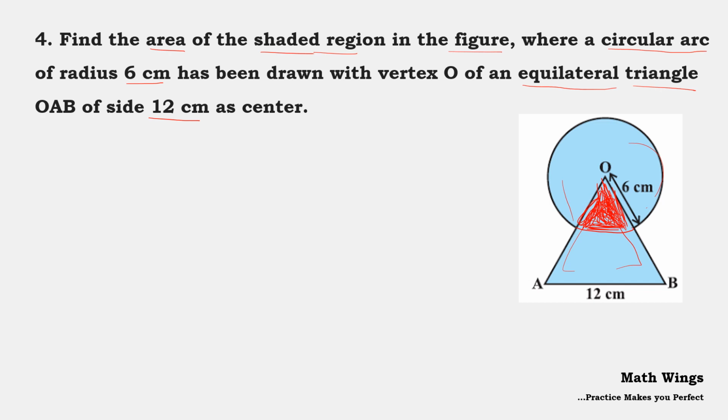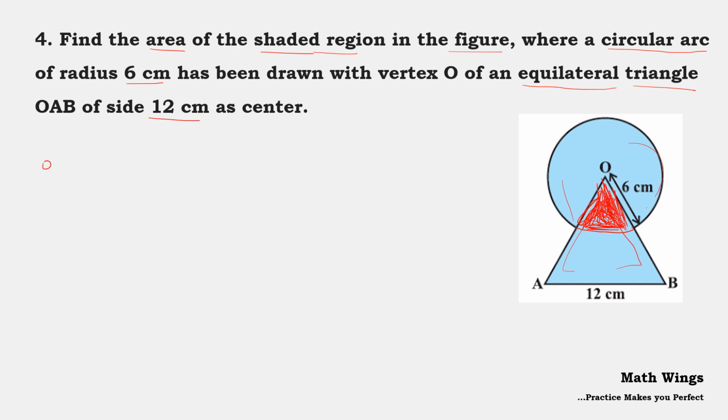So how can you find the area of the shaded region? We can find the area of the shaded region by taking the sum of the area of the circle and the area of the triangle, and then subtracting the area of the sector.